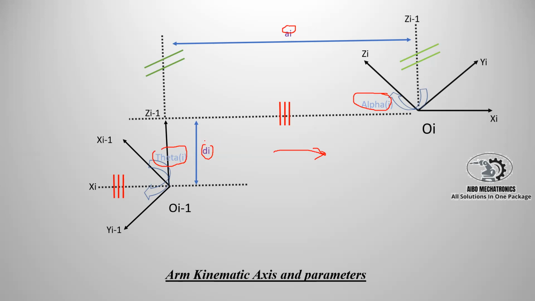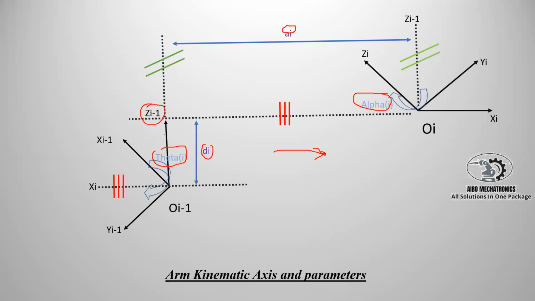So di is the perpendicular distance between Xi and the origin of the next joint, and it must be along, or coincident to, Zi minus 1.